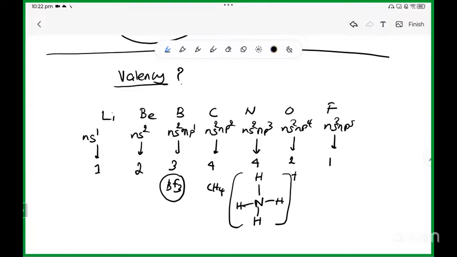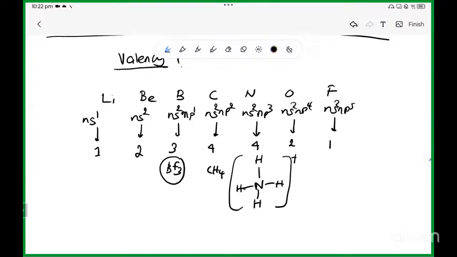If the element is only creating covalent bonds, the number of covalent bonds including the dative bonds that the element can create is called as the valency of that element.